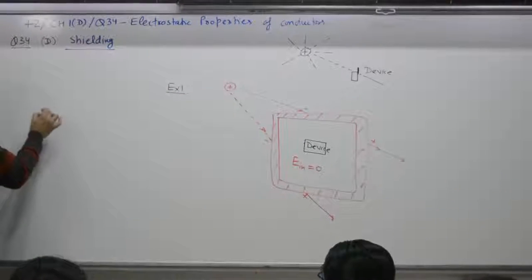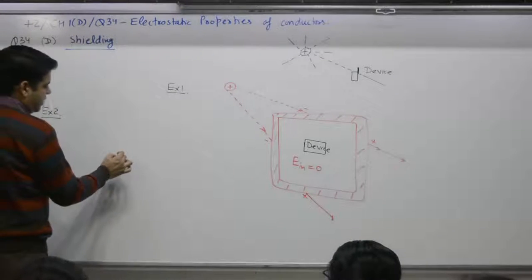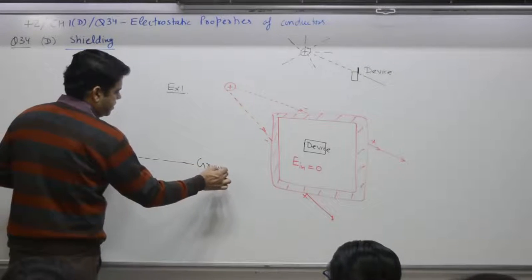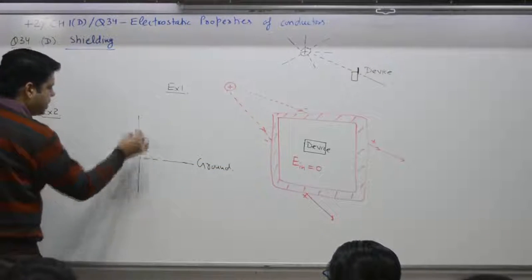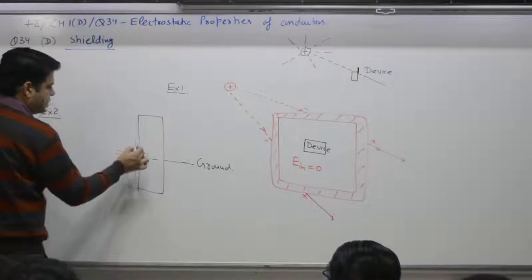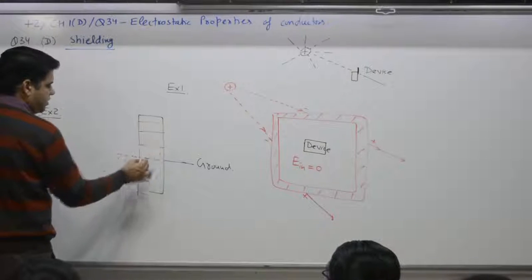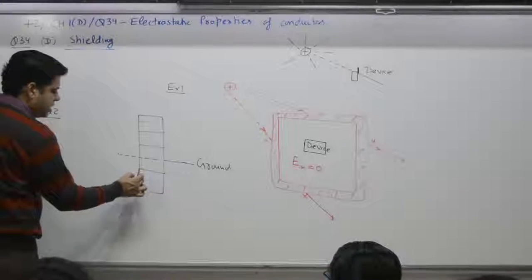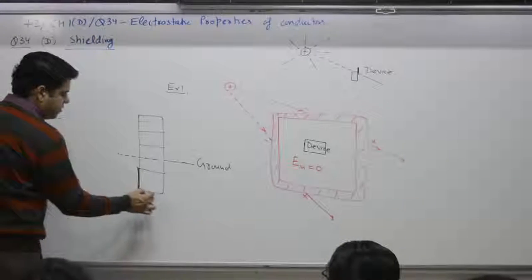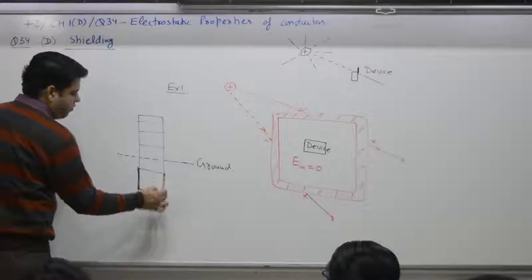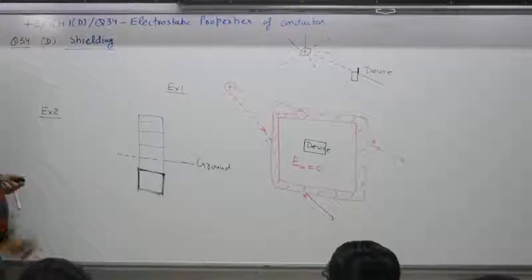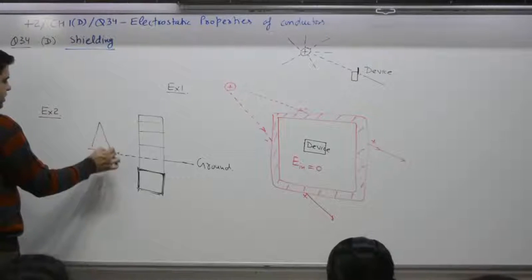Example number 2, which we have discussed number of times, is if you are in a lift, this is ground. There is a building, tall building. There are stories above the ground. There are stories below. These are iron rods, wall, floor, wall, roof, all are iron rods. You have a mobile tower at this point.